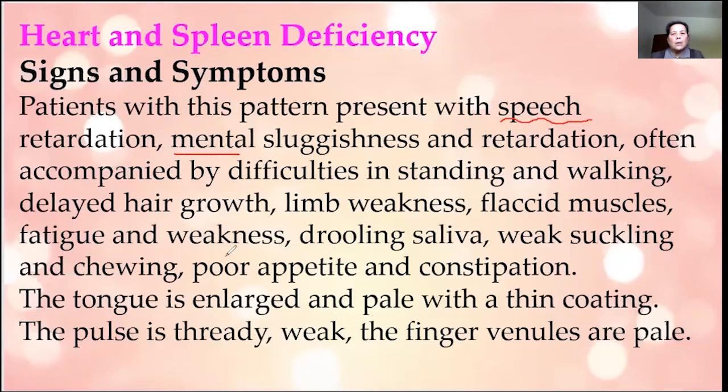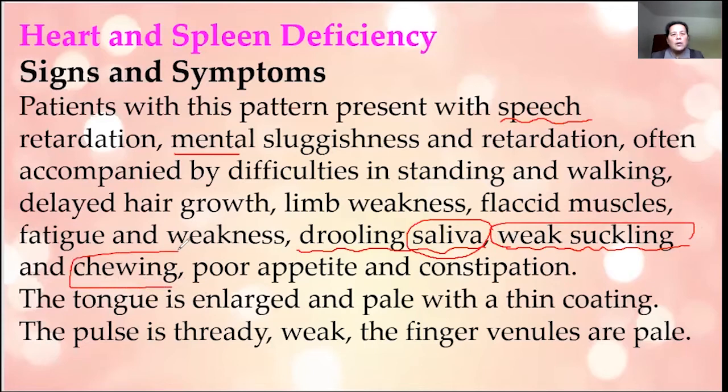First, the spleen: dribbling saliva, because saliva is the body fluid of the spleen. They are also weaker in the muscles, which is related to the spleen, and chewing food is weaker, which still needs the muscles.